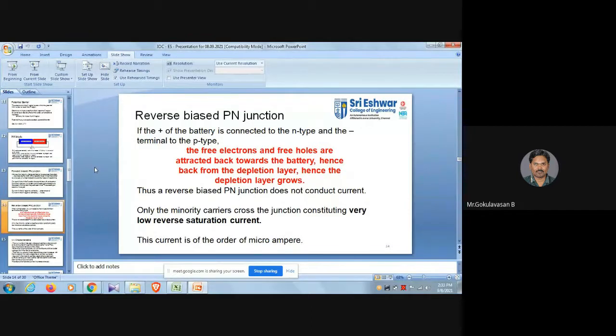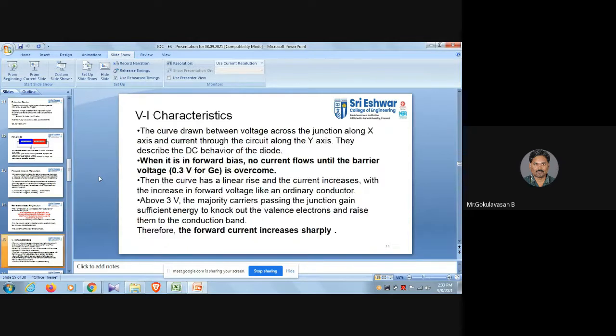That pulling action will take place, so my depletion layer gets widened, which means heavy resistance. If it is heavy, automatically my current will get reduced. So current will be in the order of microamps as far as reverse biasing is concerned, and in forward biasing the current will be in the order of milliamps. That is the point I want to tell over here.